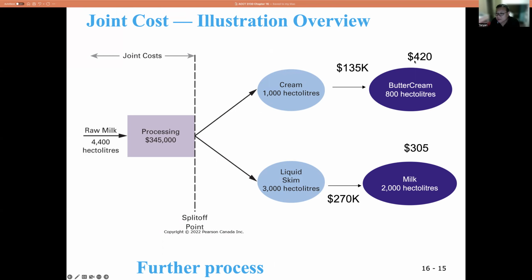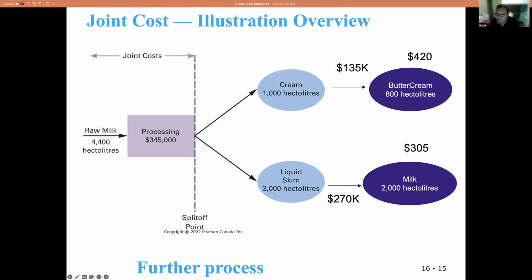And now the sales value is higher because it costs more money. You can sell it for more money because there is some value added here. So now each hectoliter of buttercream you sell for 420. Similar idea, you further process 3,000 hectoliters of liquid skim into 2,000 hectoliters of milk.